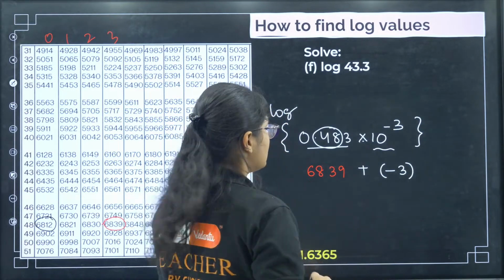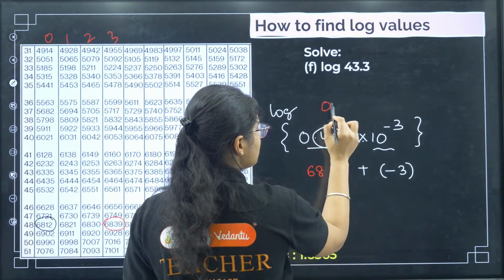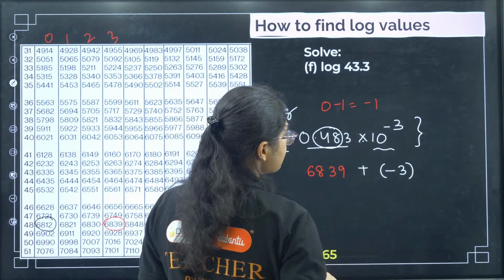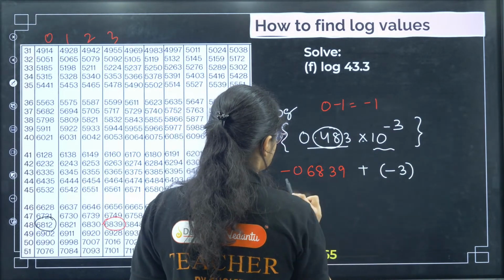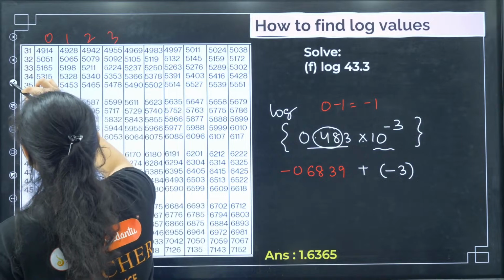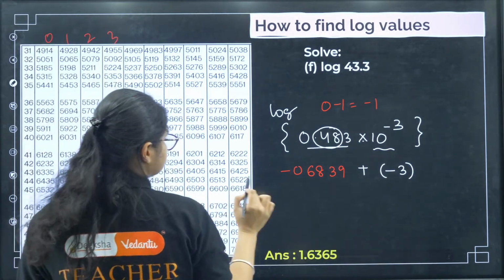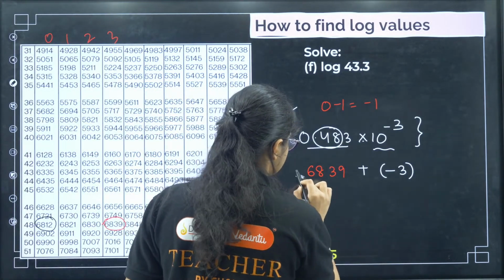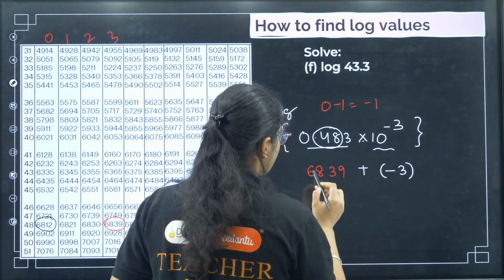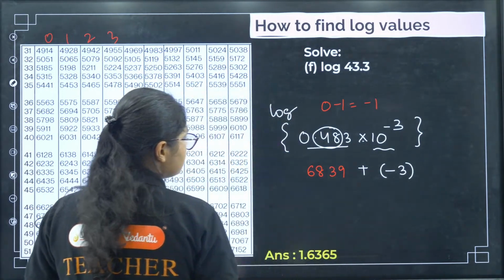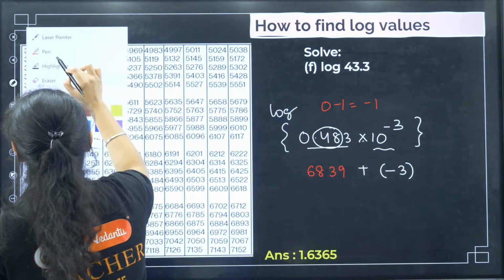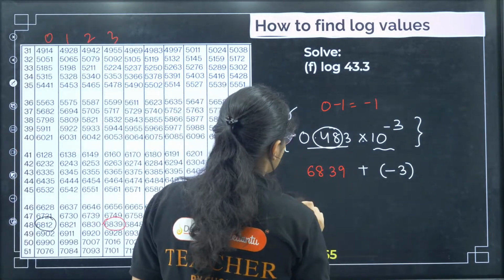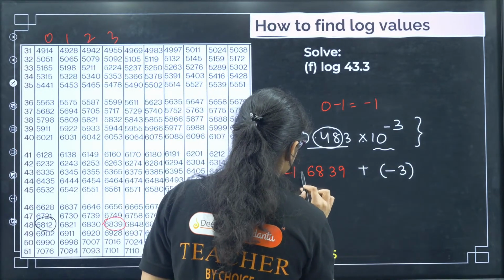So I will get, one second, I will get here 6839. Okay. Now you see here there is 0. 0 minus 1 is minus 1. So I will put here minus, one second. Let me just write down this one. So you will get 6831. Then we will get here 0 minus 1 is minus 1. Okay.